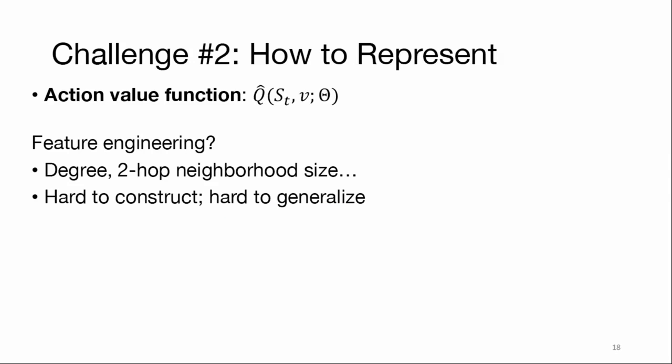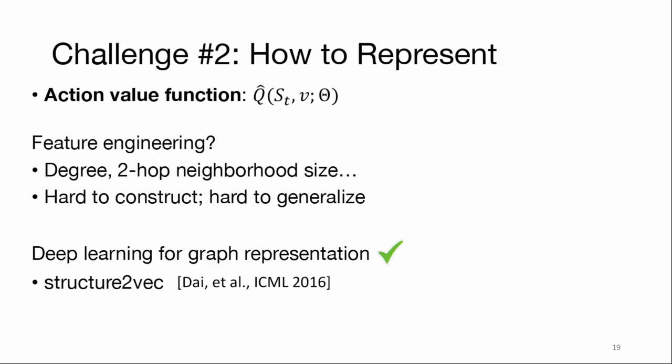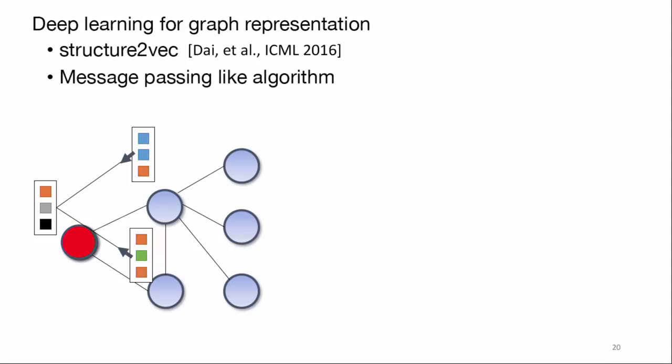The second challenge is how to represent the action value function. Instead of doing feature engineering, which might be hard to construct and hard to generalize to graphs with different sizes, we use a graph embedding model called structure2vec, where the representation of the graph is learned end-to-end with the reinforcement learning framework.